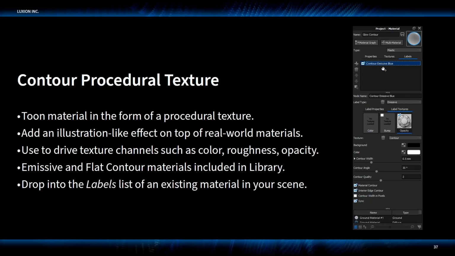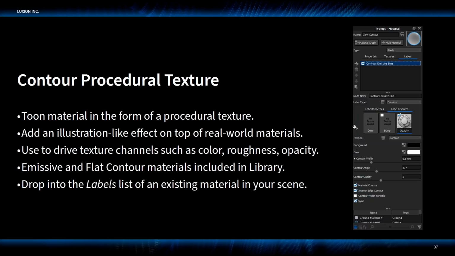We've added an emissive material as a label with the opacity controlled by the contour. You can see in this thumbnail that it creates then a blue outline, or whatever color your emissive material is, or the material of your choice around the base material.